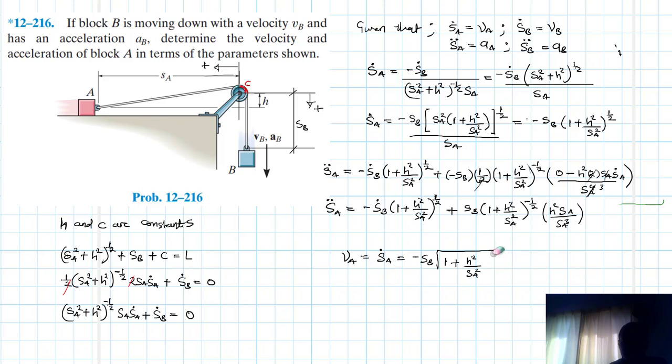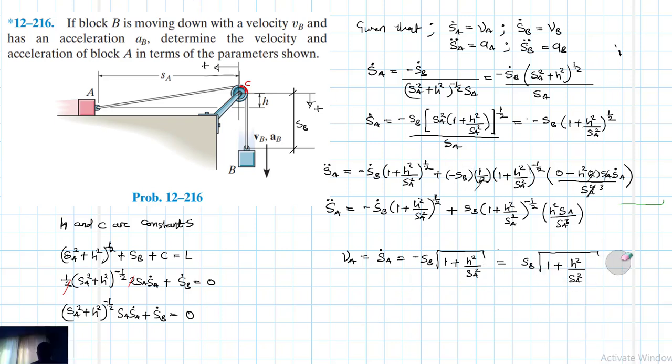Which can also be just written as SB square root of 1 plus h squared divided by SA squared. Right, so let's just write that like so. Okay, let me use black.